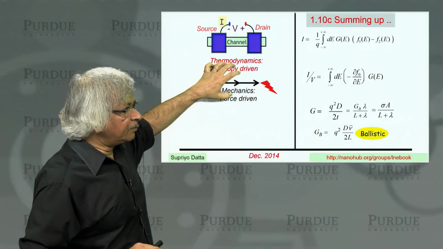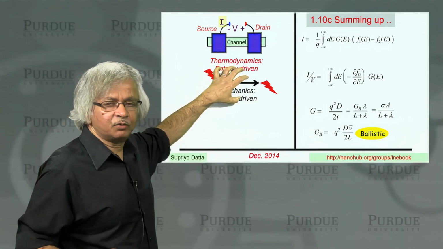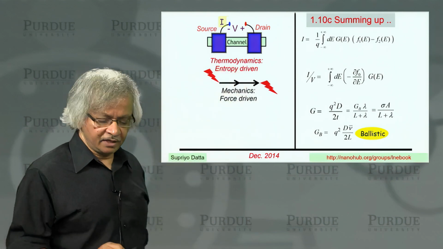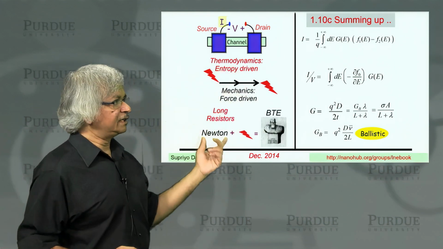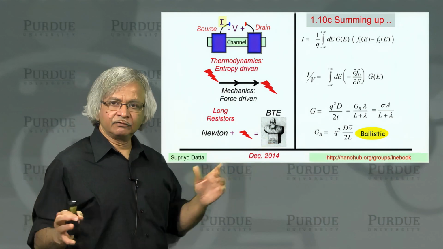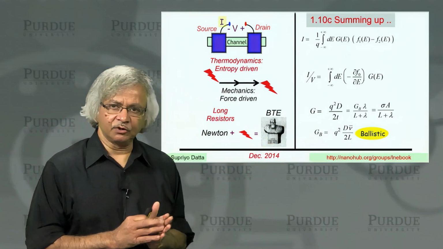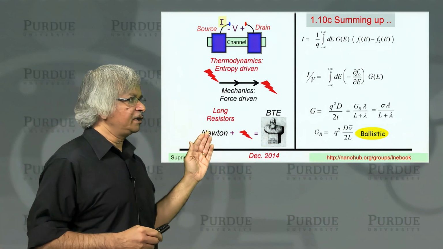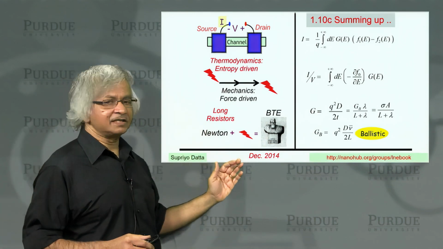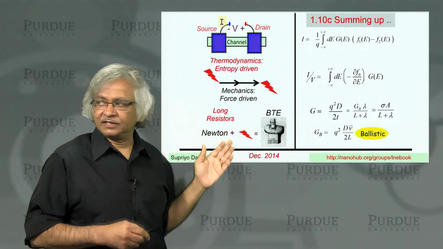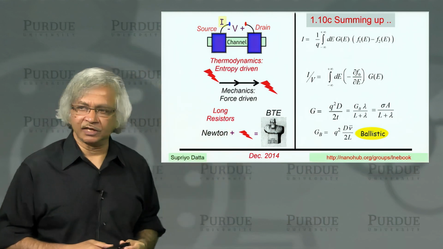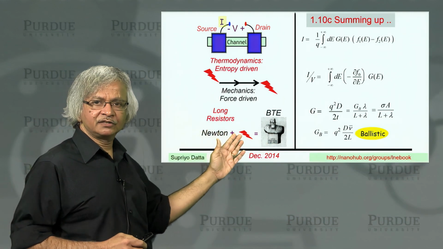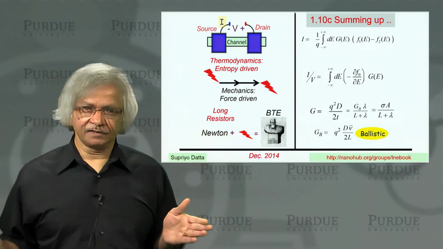And what usually makes transport such a difficult subject is that this is all mixed up. And so usually what you need is the Boltzmann equation for semi-classical transport. For quantum transport, you'd need the quantum version of it, where it would be the Schrödinger equation plus entropic forces. Whereas in semi-classical transport, what you use is Newton's laws plus entropic forces, which is what the Boltzmann equation is.